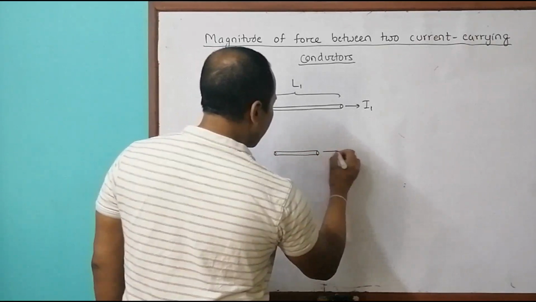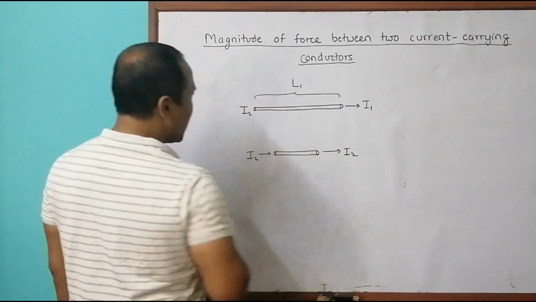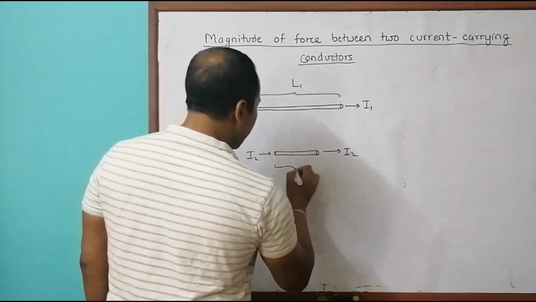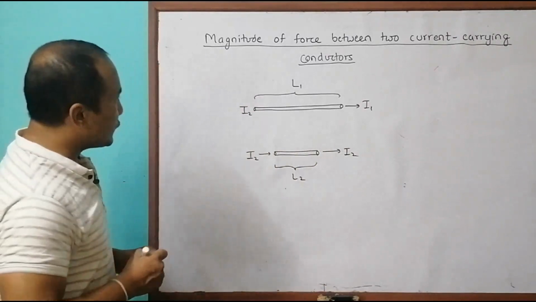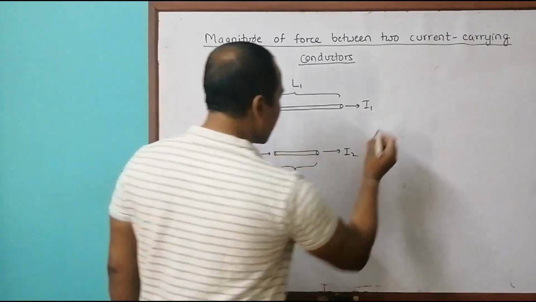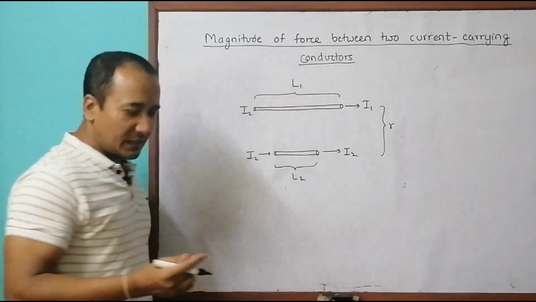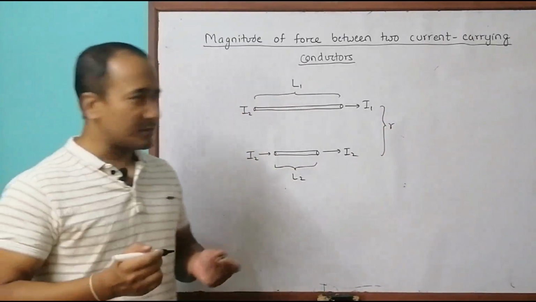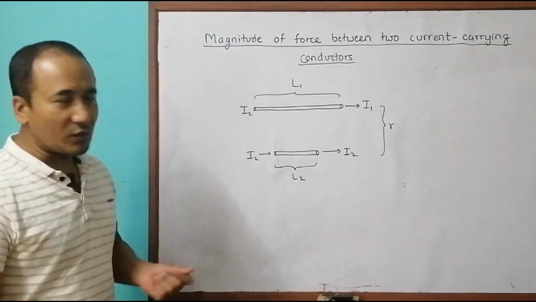It has current I2, and the length is L2. So let's go for the calculation of force. Let us say the distance between them is small r or even a. Sometimes they write a, sometimes they write r. The symbol is not of much importance. The main thing is the concept.